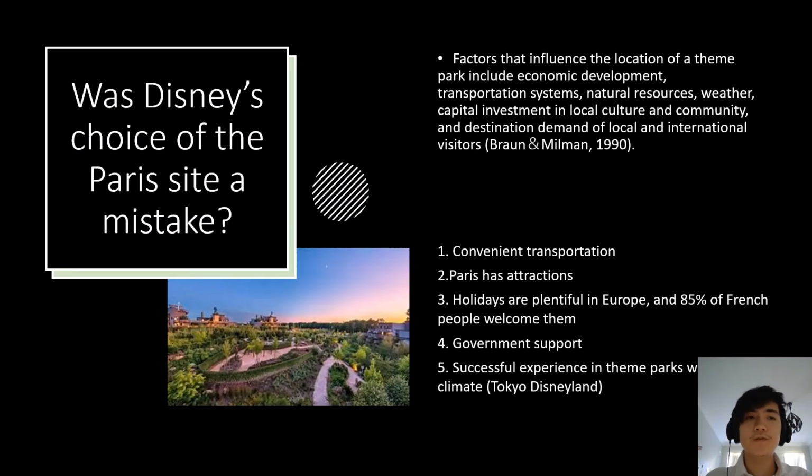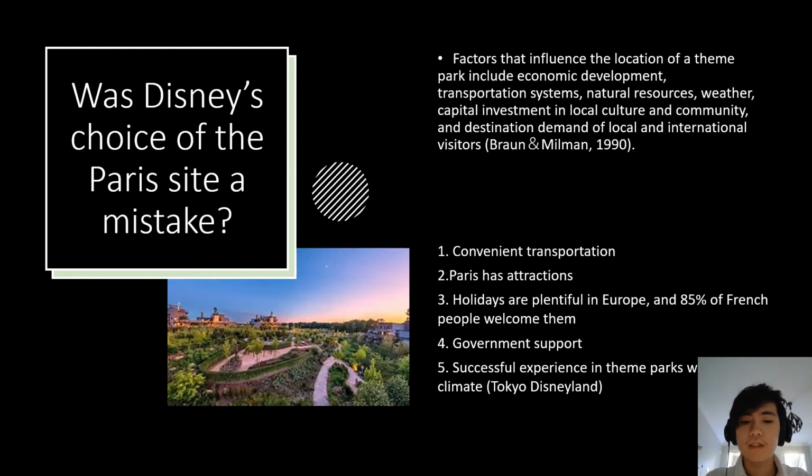So the next question is, was the Disneyland Paris site a mistake? My answer is no. The factors that influence the location of the theme park include the economic development, transportation systems, natural resources, wider capital investment in the local culture and communities, and the distinct demands of the local and international tourists.